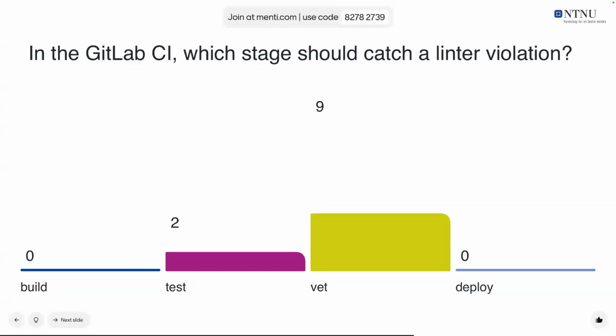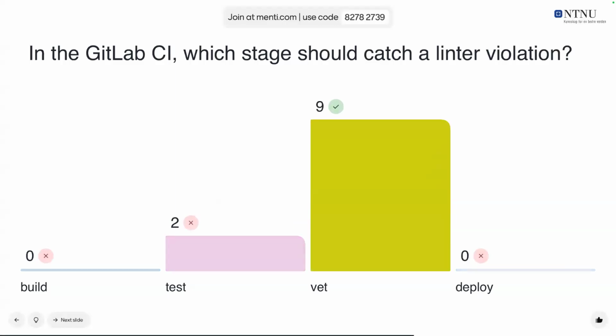As I said, sometimes people have a dedicated one. Sometimes people have a linter target just for linter violations. But in some cases, vetting is where you vet and lint together. So that would be the natural choice compared with the other targets.